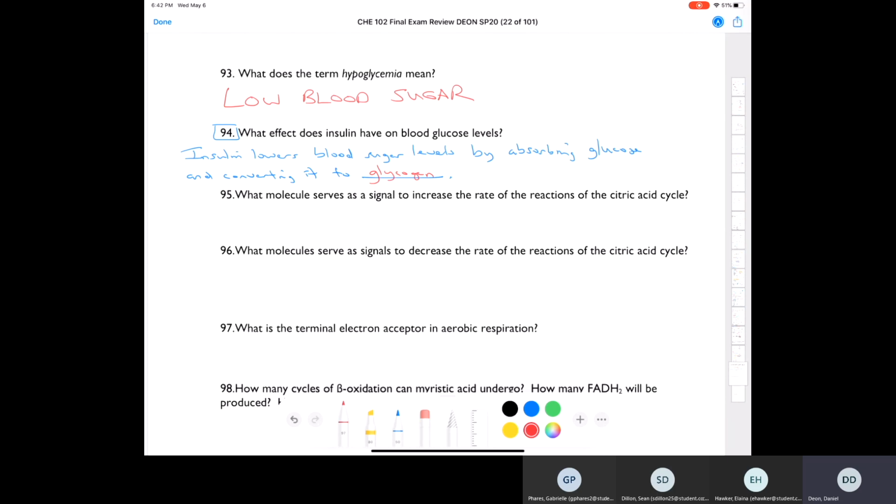What molecule serves as a signal to increase the rate of reactions in the citric acid cycle? Well, I'd say there's a couple of different molecules. I would accept either ADP or AMP. All you have to know is that if you have an excess of adenosine diphosphate or adenosine monophosphate, that's a signal that you're going to require an increase of the rate of those reactions in the citric acid cycle to produce more ATP.